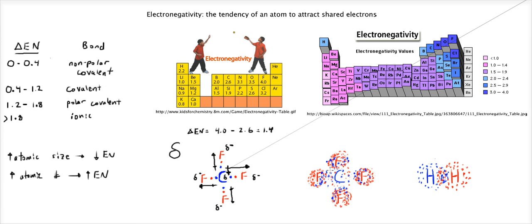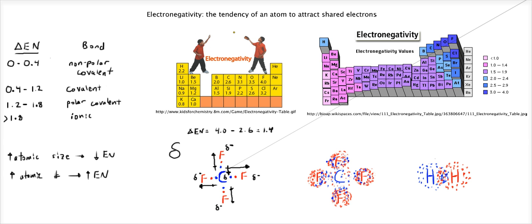They're not in the middle. They're not equal between the two, because fluorine has a stronger pull than carbon, because it's got a small size and a higher number of protons. These electrons will shift towards the fluorine more. And you can also think of that as the direction this arrow is pointing: the direction that the electrons will shift.